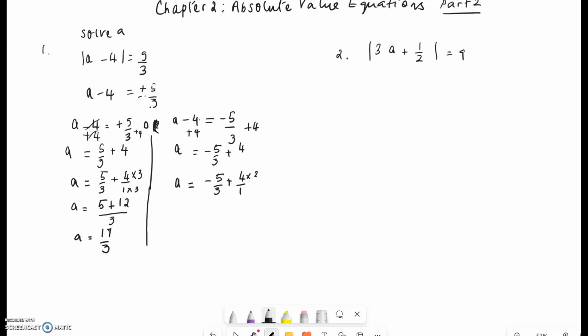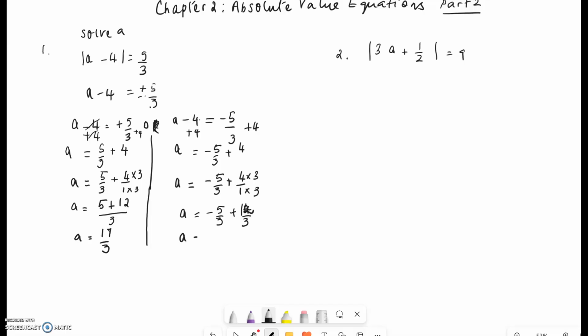So 4 times 3 over 1 times 3. So this is equal to negative 5/3 plus 4 over 3. And I'm sorry, 4 times 3 is 12. Not 4, but it's 12.